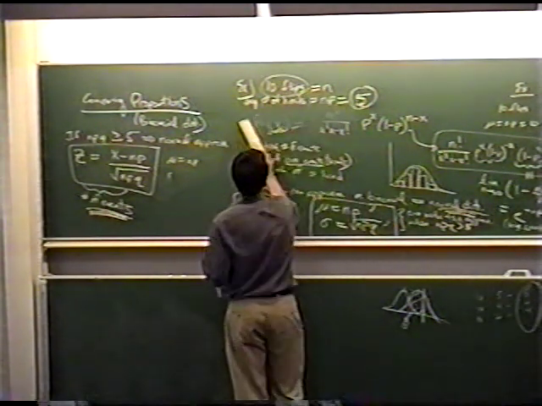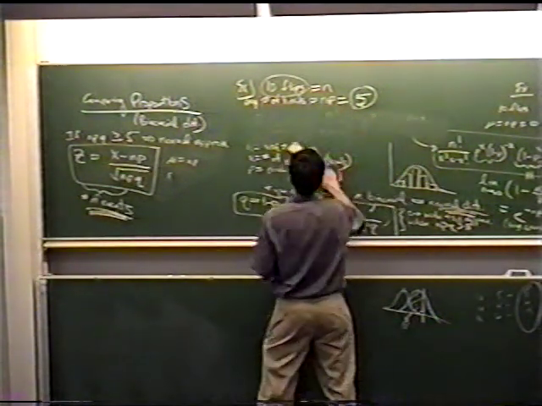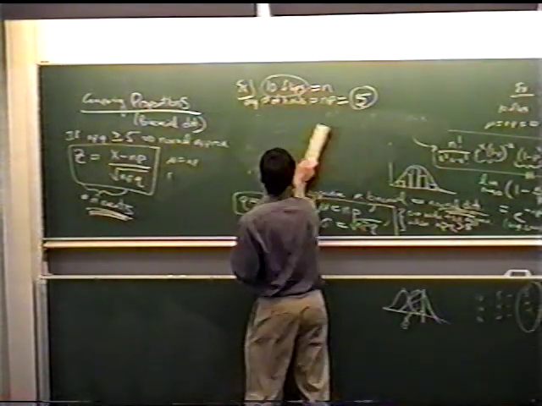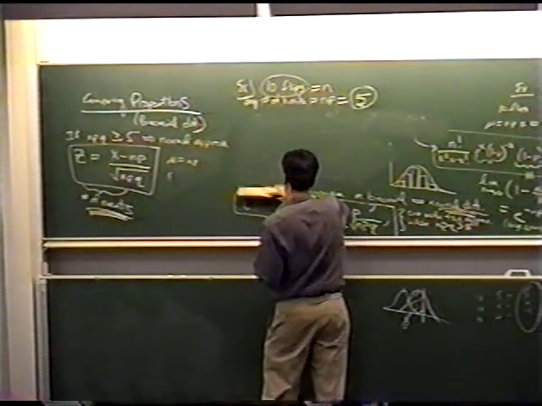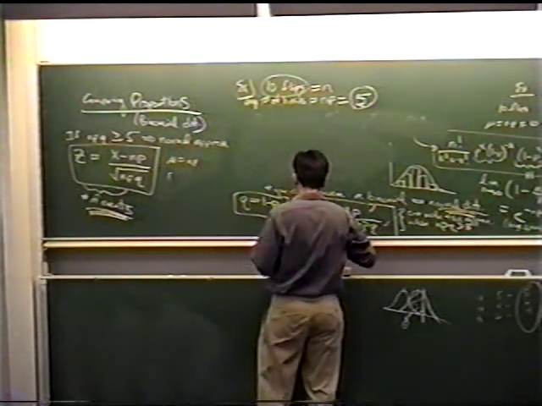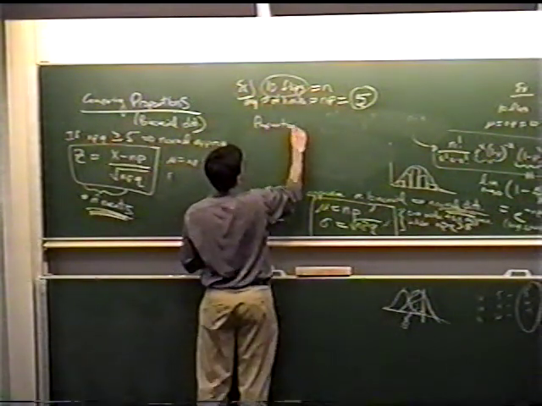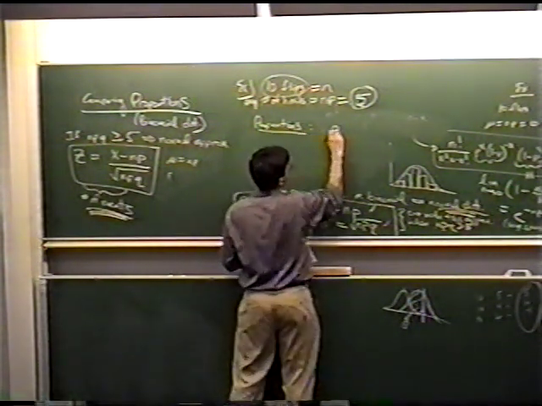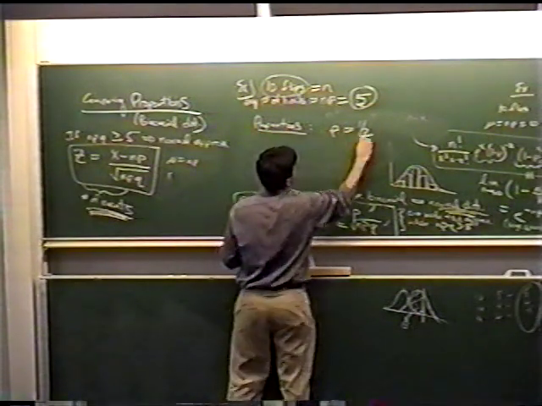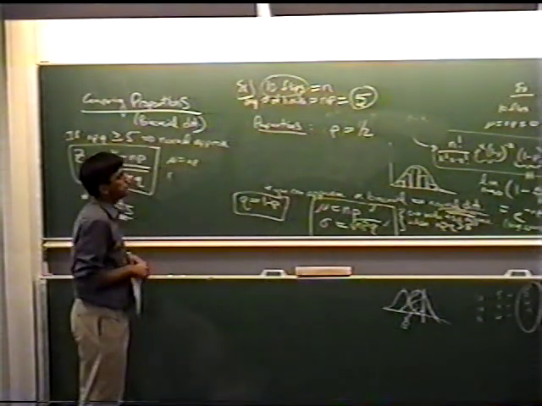But there's another way of looking at this same example, and that's just leaving everything in terms of proportions. If we left everything in terms of proportions, we would say, okay, the probability of a head, p, is 1/2.